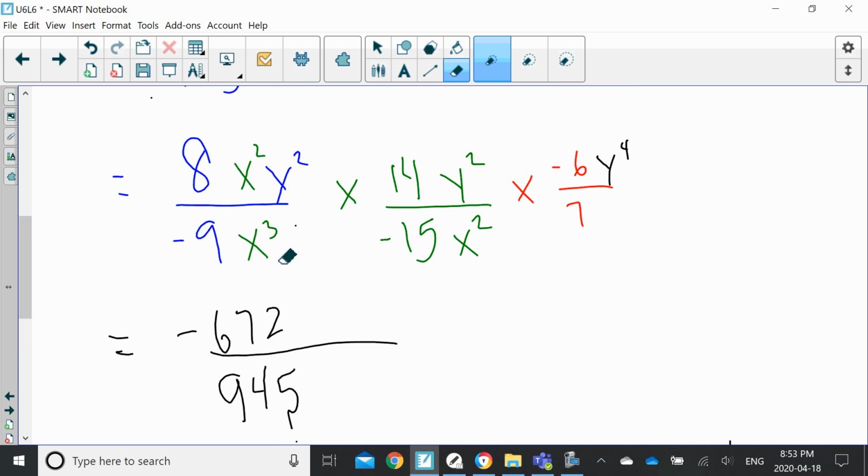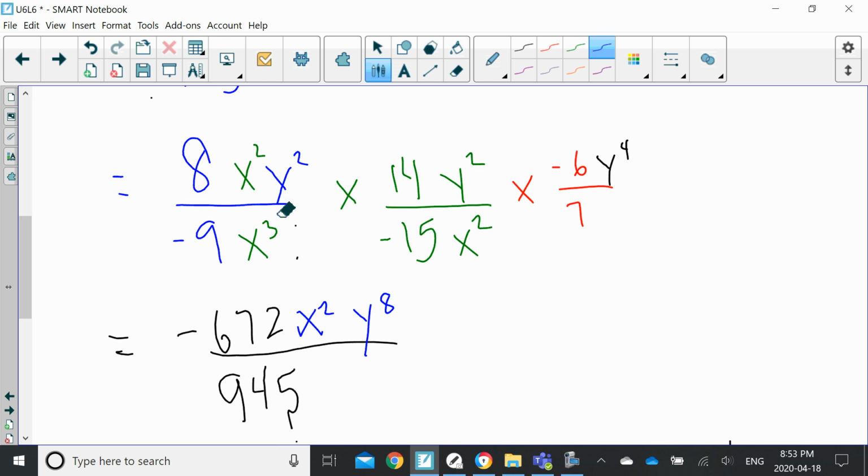Now let's deal with our x's. I've got x to the 2, and those are my only x's up top. For my y's, I've got 2 plus 2, which is 4, and 4 over here is 8 y's total.